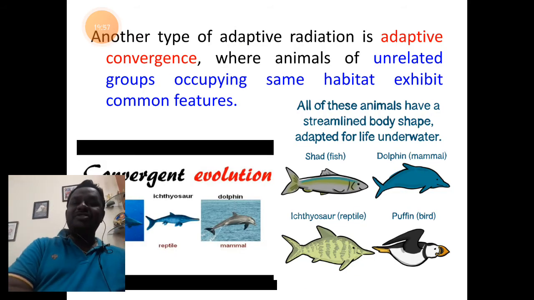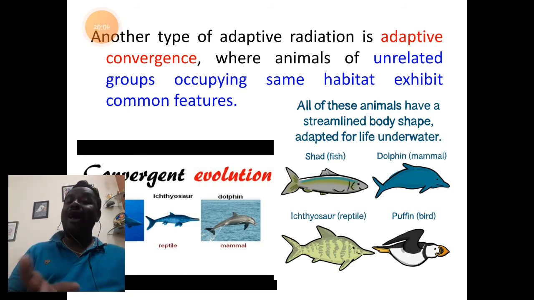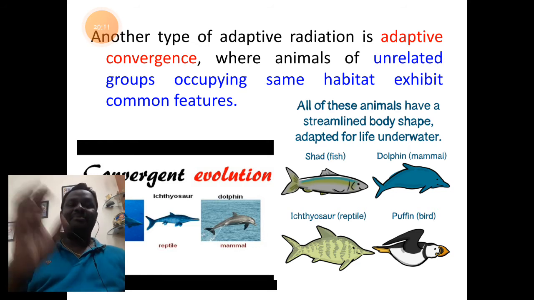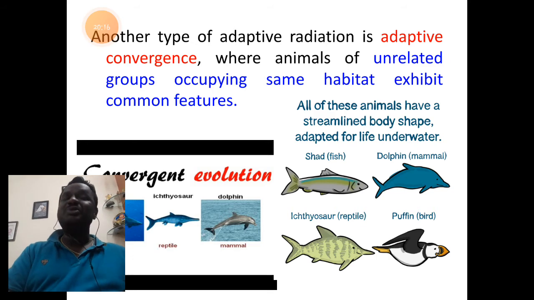In adaptive convergence, as we have understood, when unrelated groups of organisms occupy one common habitat or environment, they exhibit some common features among them, which we call adaptive convergence.